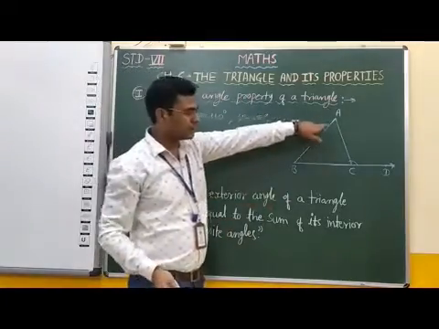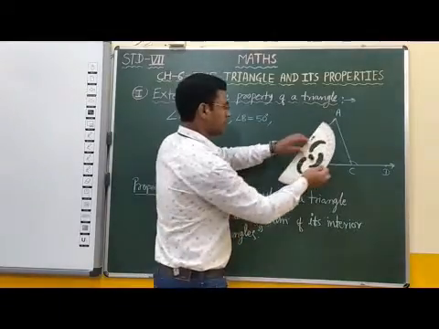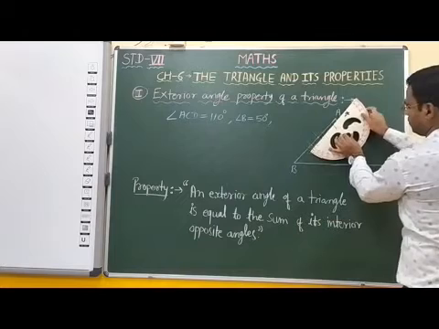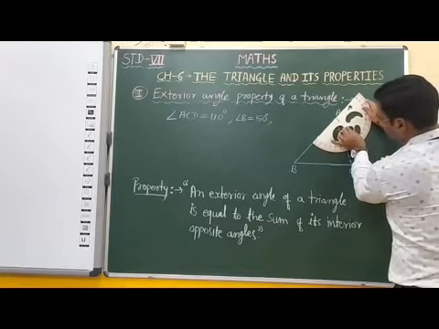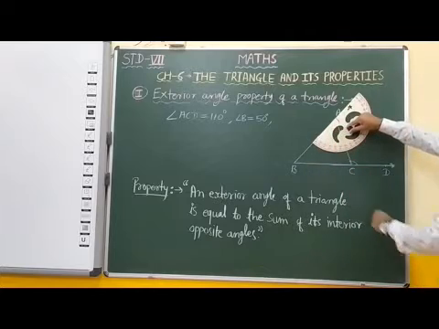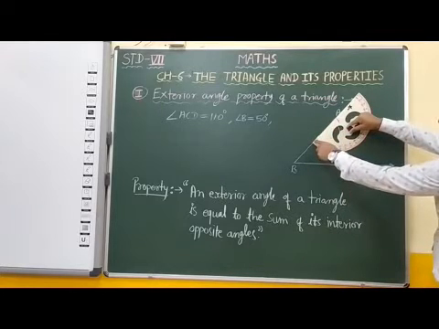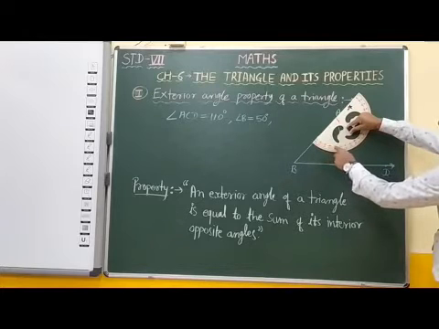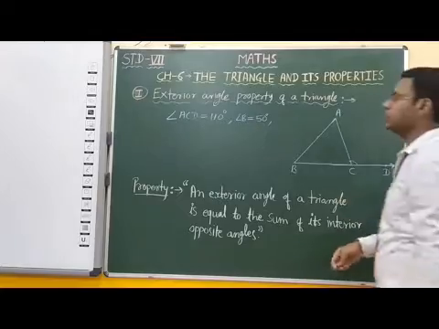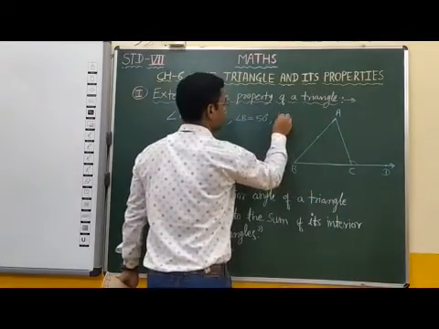And if you measure this angle A, here from the inner scale 10, 20, 30, 40, 50, 60. Therefore, the measure of this angle A is equal to 60 degrees.